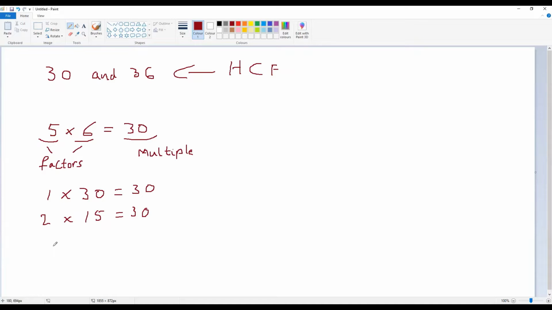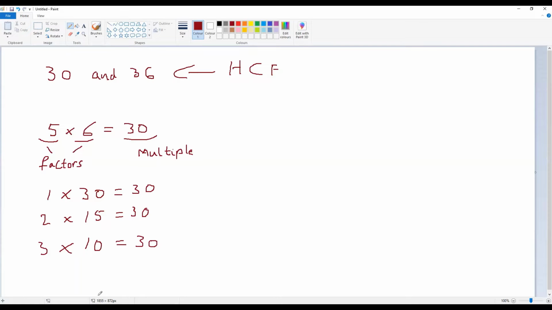Well, actually, there's another way. You could multiply 3 by 10. That will also give you 30. All right. So what does that tell you there?